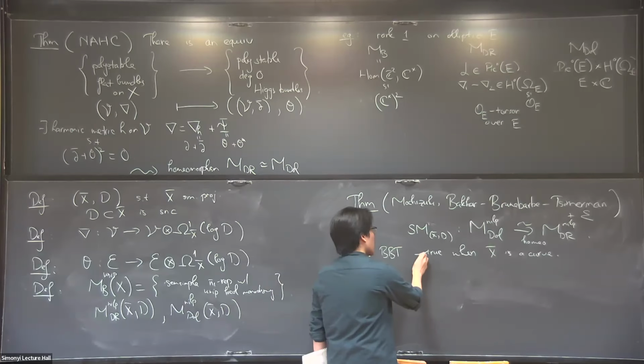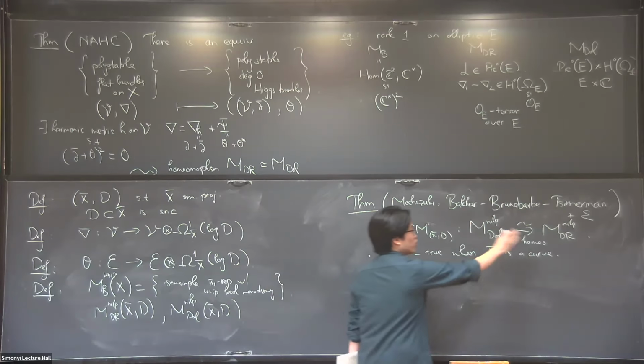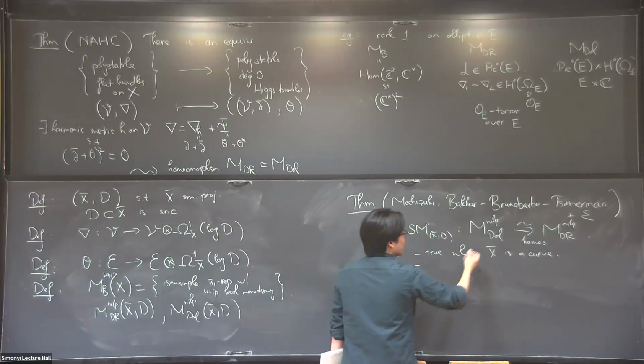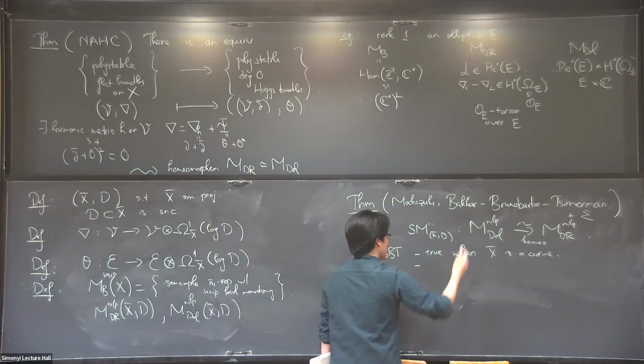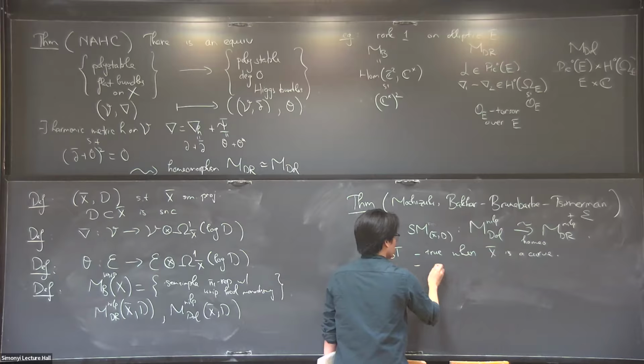And they also prove that this is a continuous bijection when X bar is a higher dimensional variety.